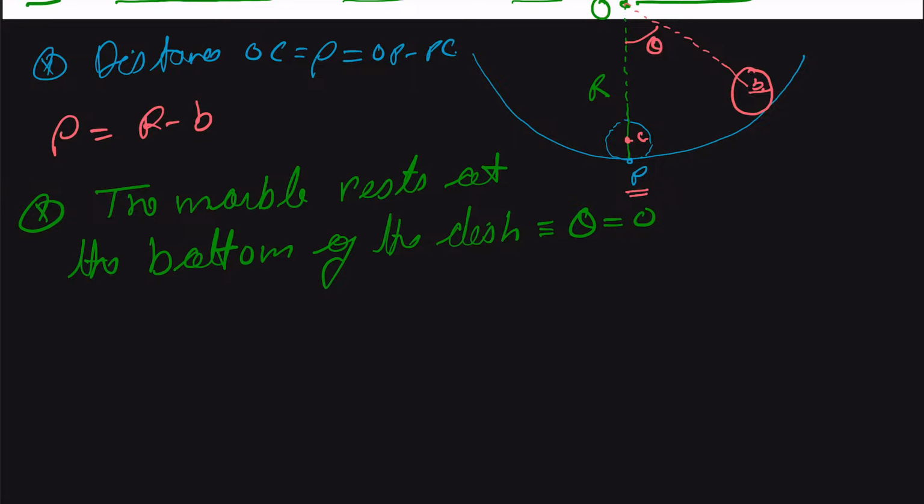And during the oscillation, this marble center C moves along the arc, and theta is nothing but the angular displacement with respect to the vertical.